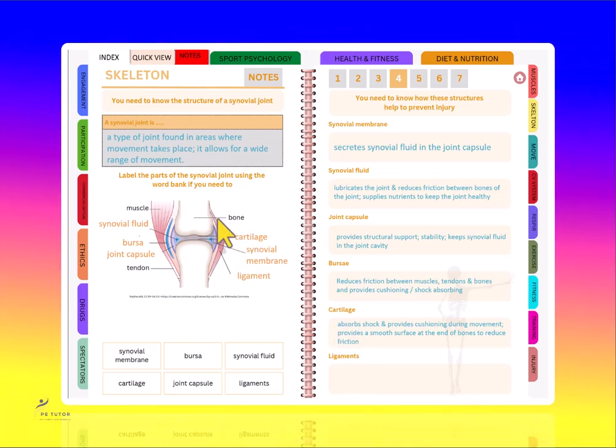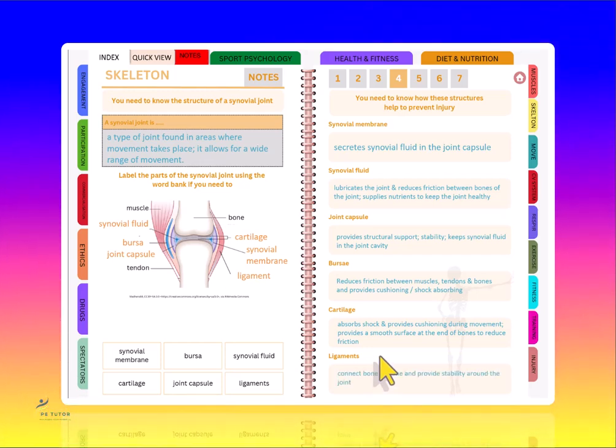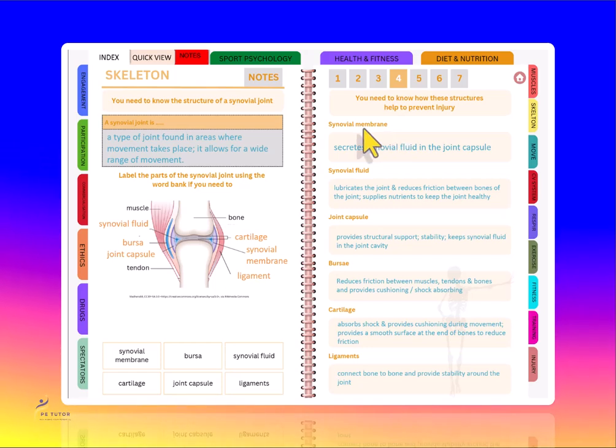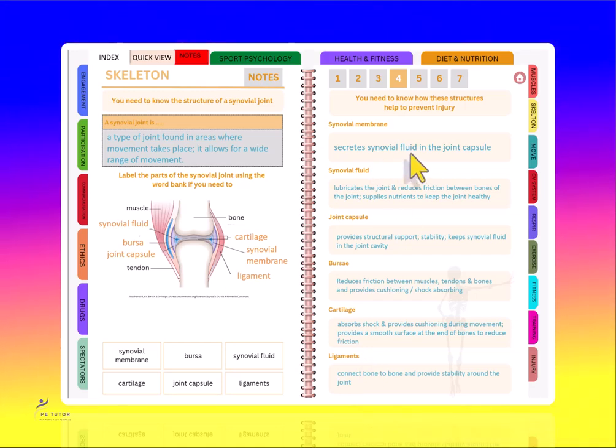And then ligaments, you remember, link bone to bone, and they provide stability around the joint, so we don't get dislocations of our joints. So you need to know and remember each of these key parts of the synovial joint and what each of them do in relation to helping to prevent injury.